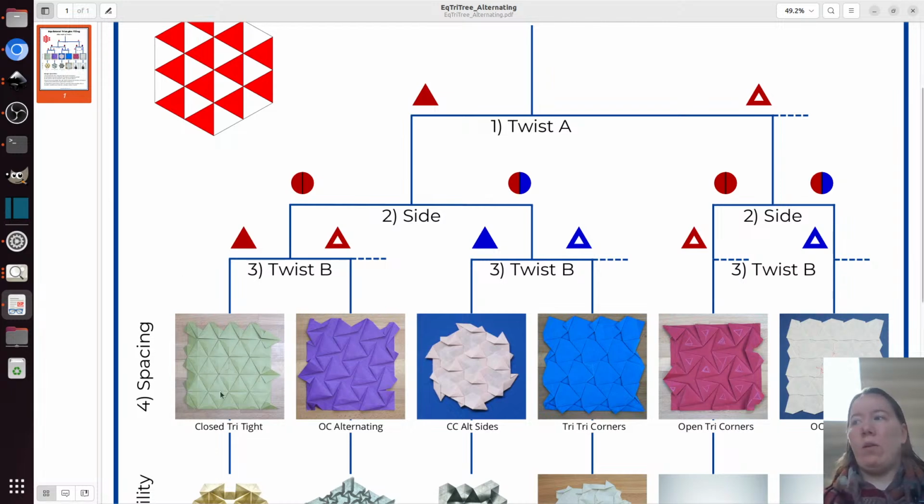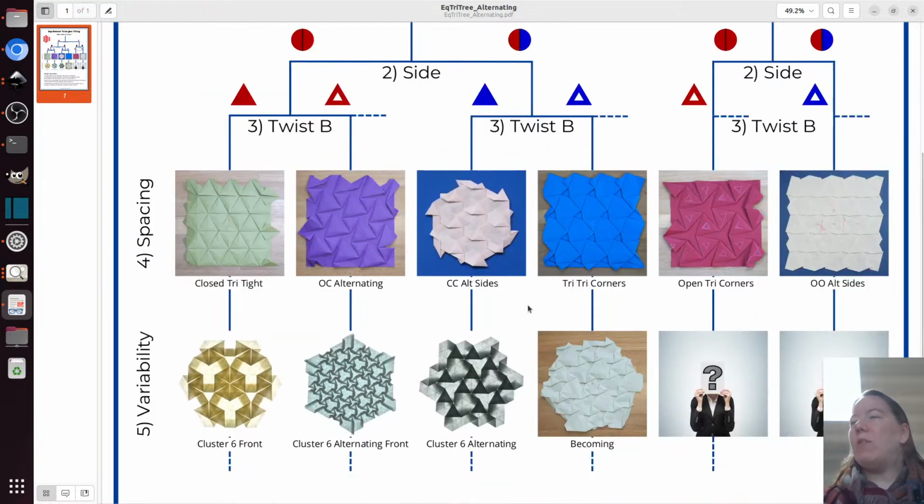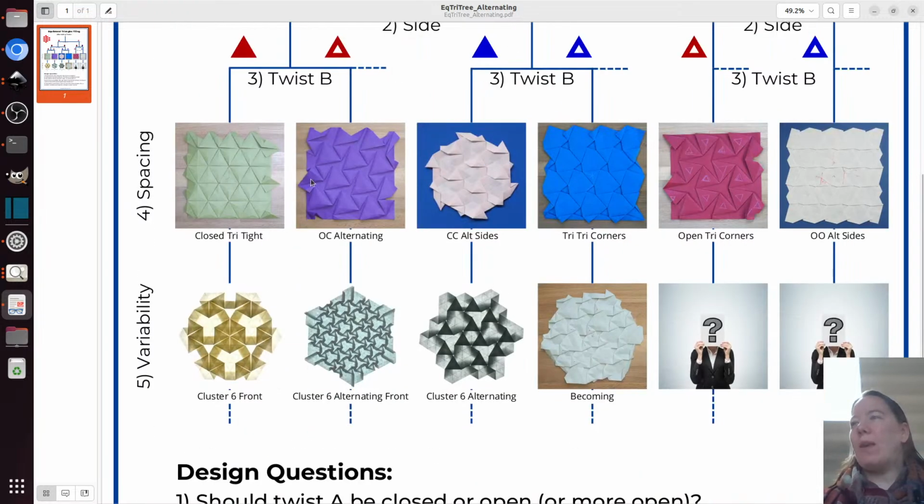We can see the one that we were looking at in the beginning folded on a different grid. And there's so much variability that we can get because we're ignoring the specific triangle on the tessellation itself.